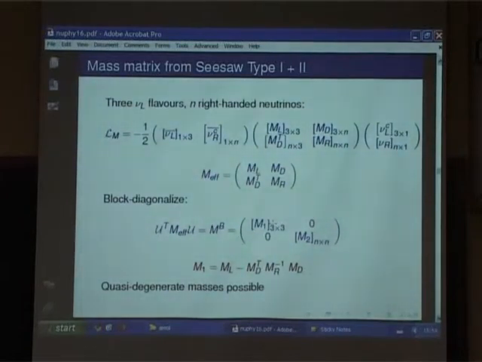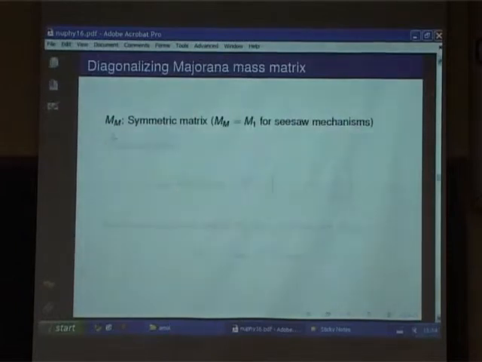And for any other mechanism, finally you should get another mass matrix, which we call MM. So what we will do now is see what to do with MM. So forget everything else that we did in the last 15 minutes. Let's just take a 3 by 3 symmetric matrix, which we call MM. That's it. Nothing else.